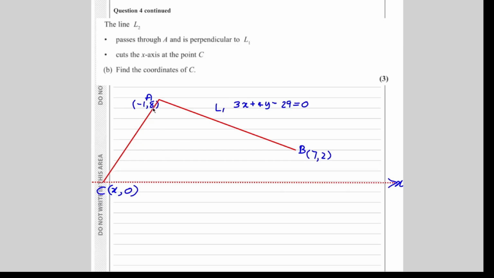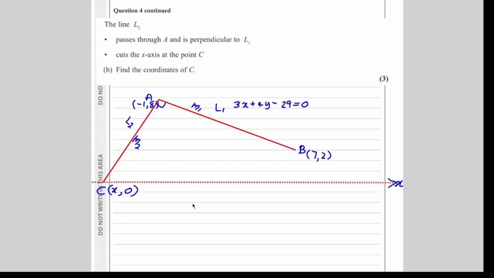To get the x-coordinate, since these two lines are perpendicular to each other, this is a hint. Whenever you are given that two lines are perpendicular to each other, as soon as it's given, label the gradients M1 and M2. This is so important. This is line L2. What's the meaning of M1, M2?